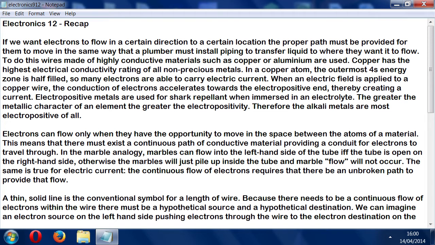The greater the metallic character of an element, the greater the electropositivity. Therefore, the alkali metals are the most electropositive of all. That's interesting, isn't it? Again, it's a bit more chemistry thinking, but interesting. The more metallic, how metal is this element? That's quite a cool way of looking at it. So it's basically saying the alkali ones are the best.